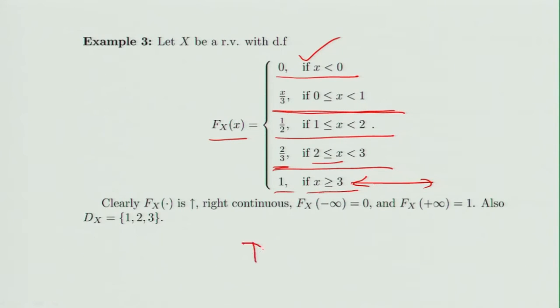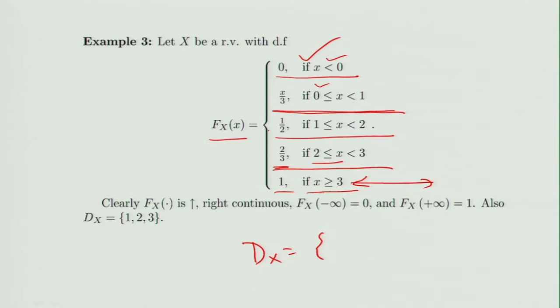Let us look at what are the points of discontinuities. As I said before, I have to check only the points where it is not left continuous, because right continuity we have already verified. At 0, left hand limit is 0, value of the function is 0, so at 0 it is continuous. At 1, left hand limit is 1 by 3, right hand limit is 1 by 2.